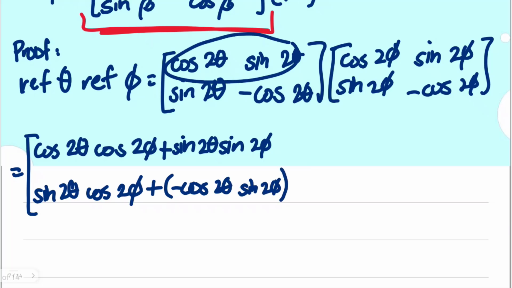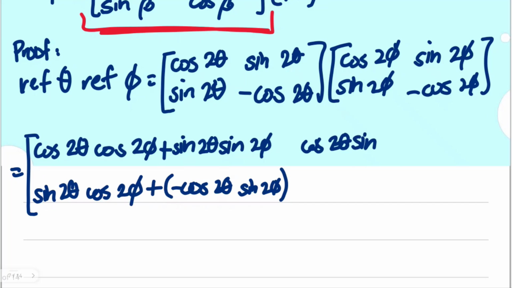Now, for this and that, you will have cosine twice theta, sine twice phi, plus sine twice theta times cosine twice phi. Hopefully the space is still enough. So minus cosine twice phi.